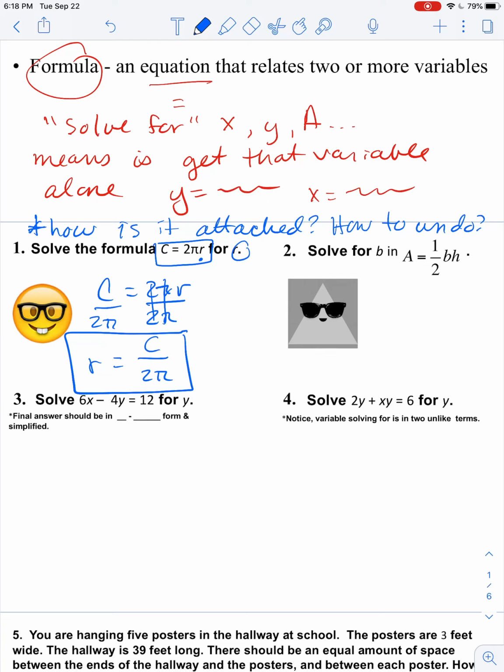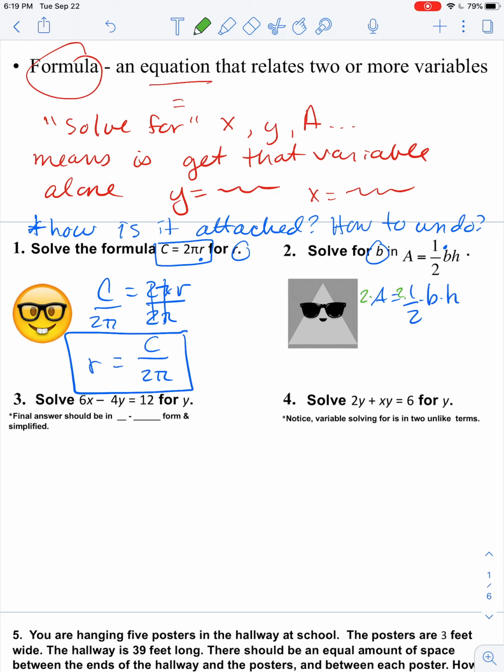So solving seems like such a strange word, but here to solve for little b means we need to get little b alone and get everything else away from it. So the first thing I'd probably want to get rid of is that 1/2. To get rid of a 1/2 that's attached, you're going to divide by 1/2, which is the same as multiplying everything by 2.